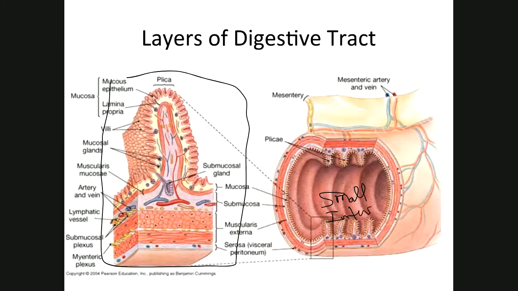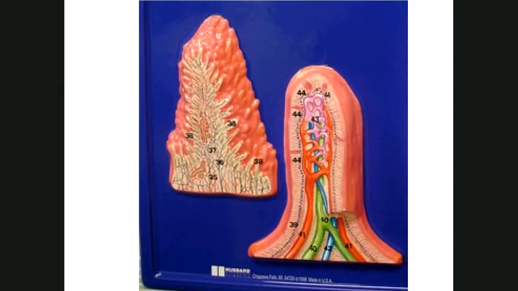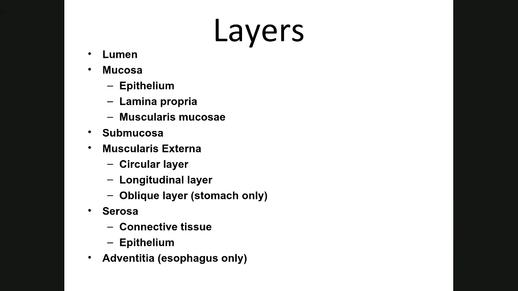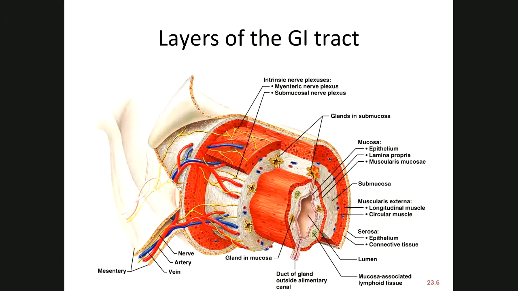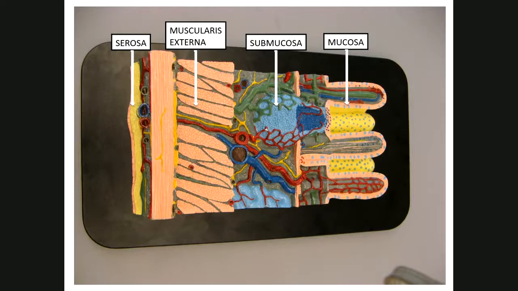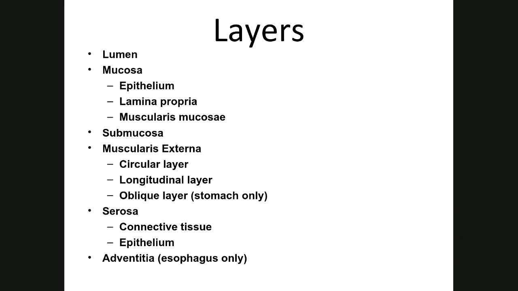Well, if we were to make a model out of it, it would look something like this. So look, there's these 4 layers there. Again, 4 layers. So the hollow space is the lumen, and then we have the mucosa, submucosa, muscularis externa, and then serosa.